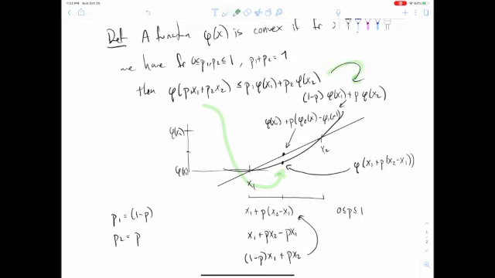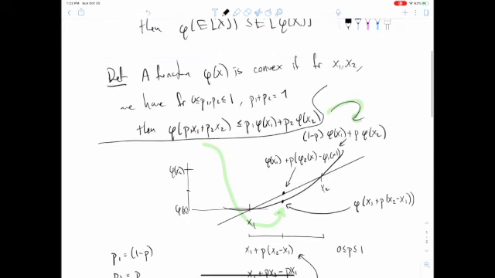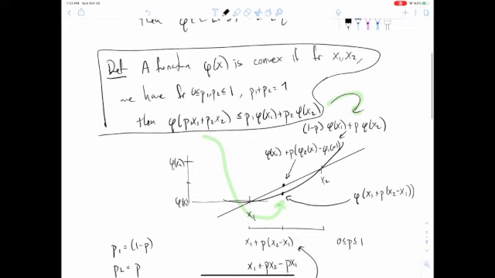Okay, and this is the definition of convexity.